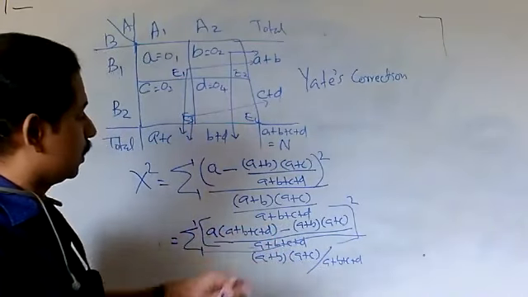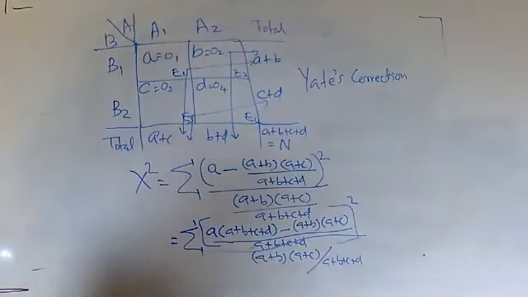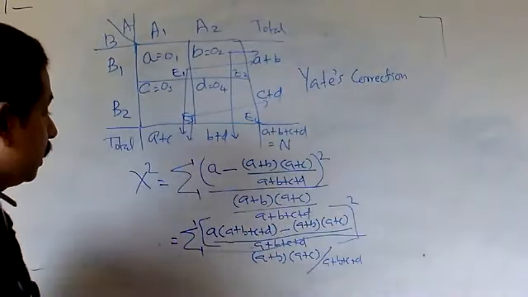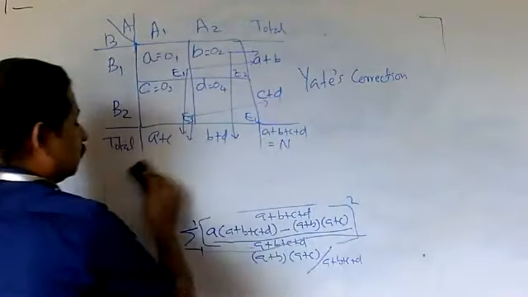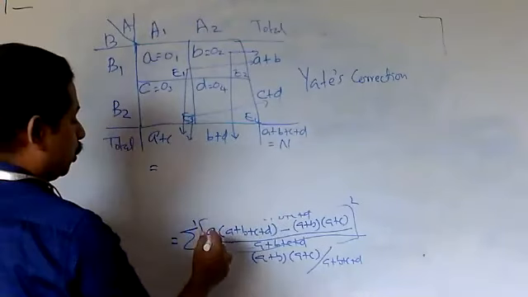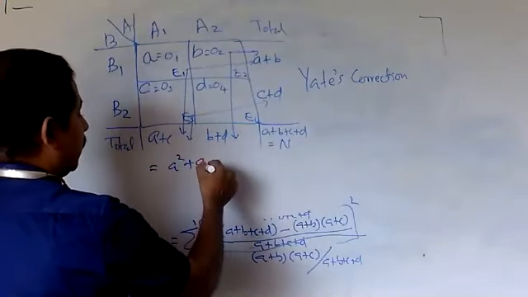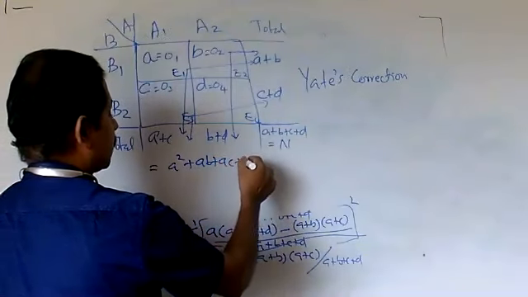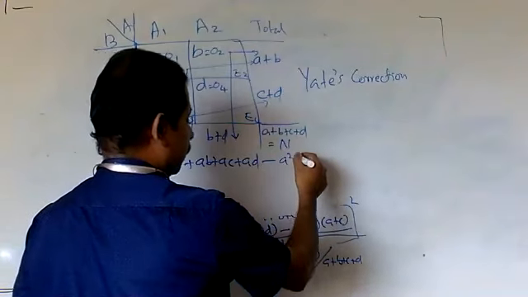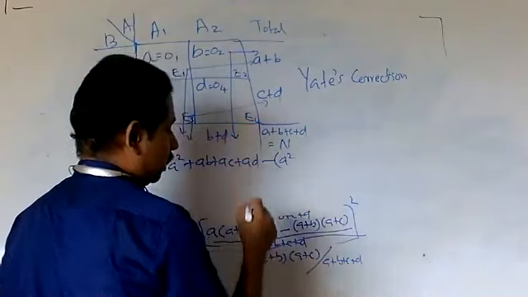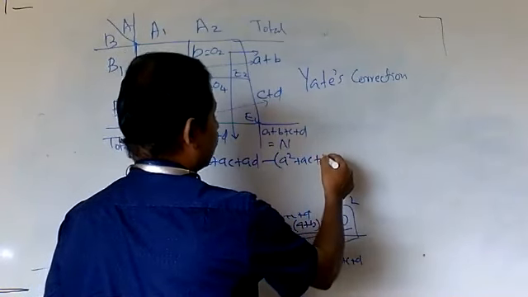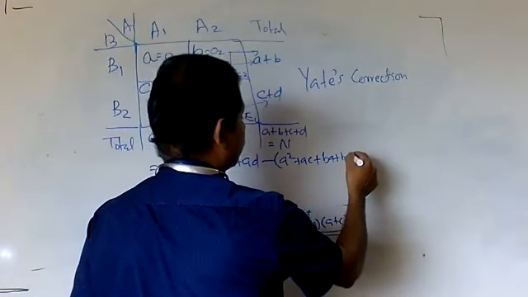And what about the solution for the numerator? For the numerator, you take this A inside and solve that. So the numerator is A square plus AB plus AC plus AD, then minus this product: A square plus AC plus BA plus BC.